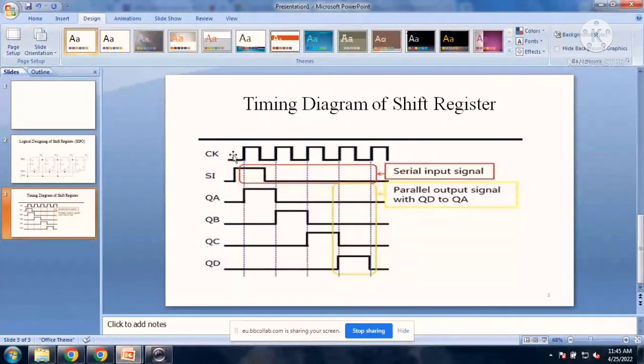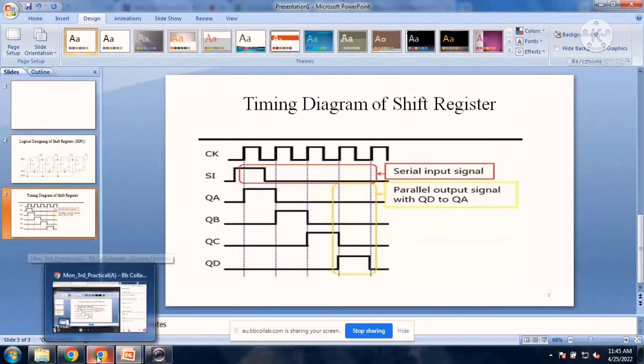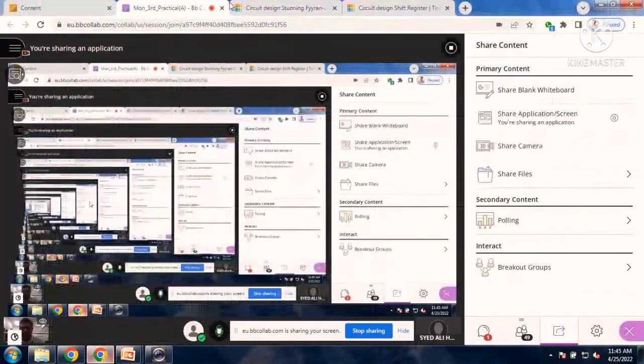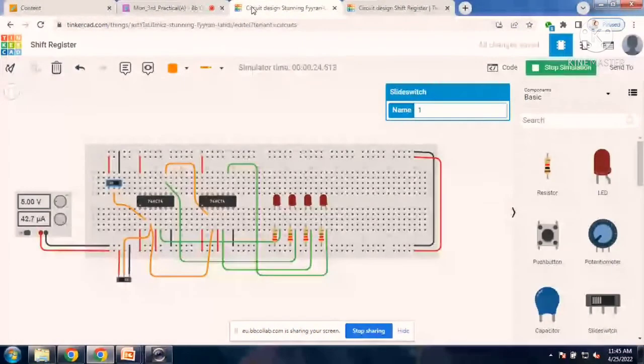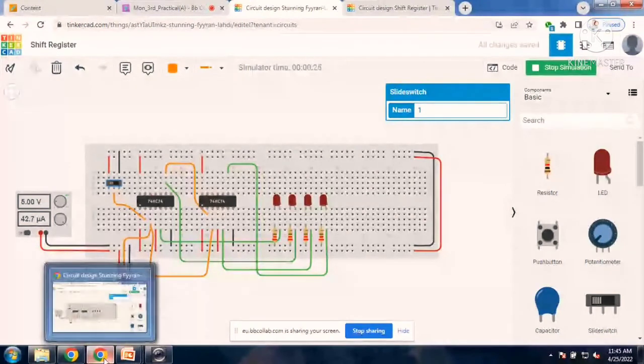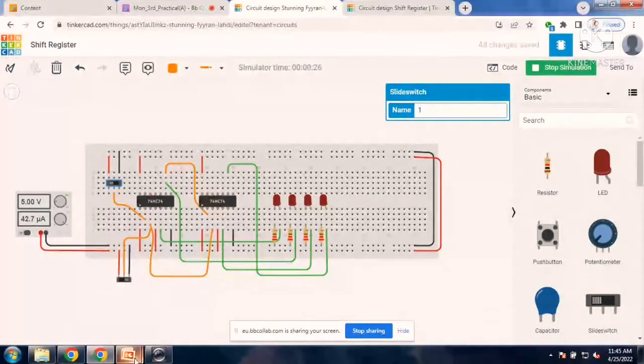As I was telling you, the clock input is 0. So let's see the screen. Here you see this one is the clock.